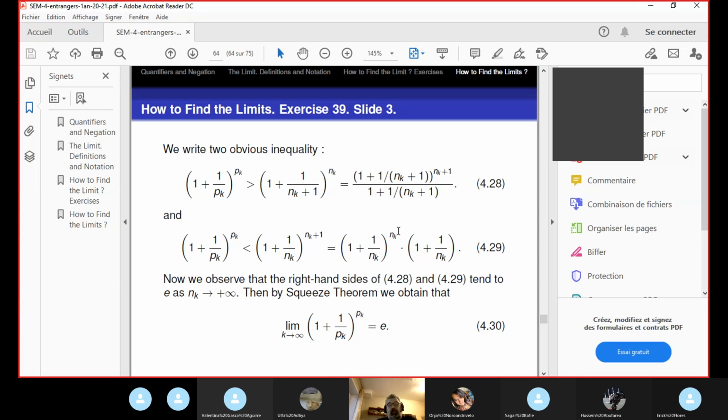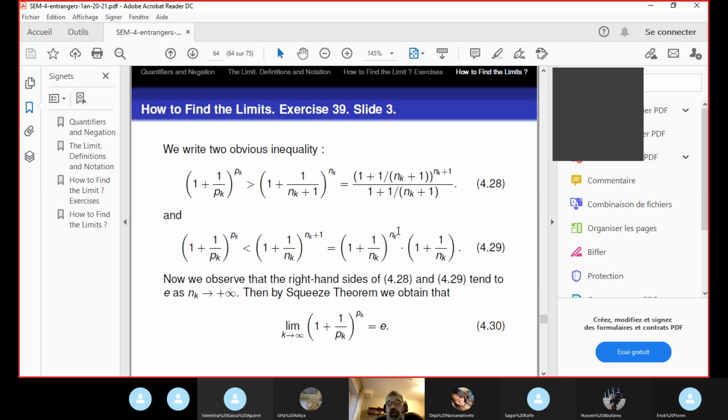So now I want to rewrite this inequality in the following way. You see, as a fraction, the numerator of this fraction is exactly the base, so 1 plus 1 over n sub k plus 1. But here, I have not n sub k, but n sub k plus 1.